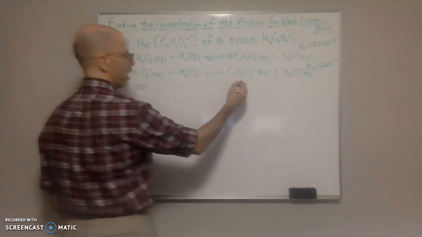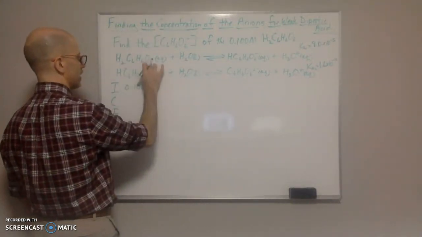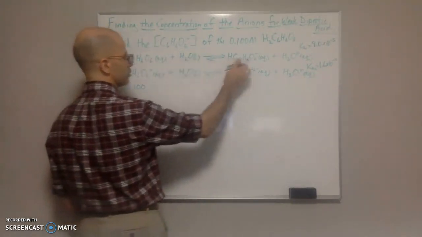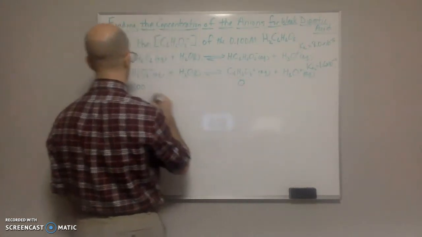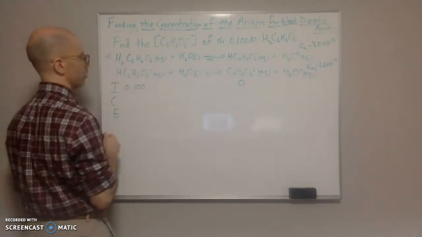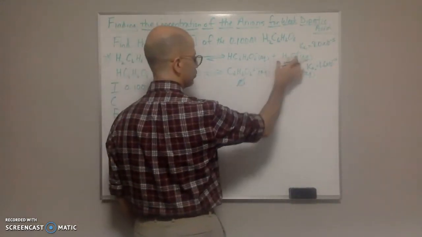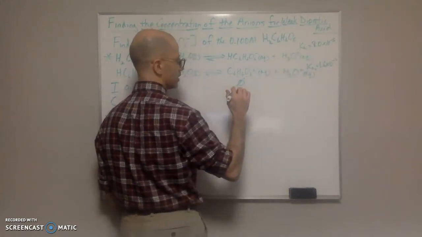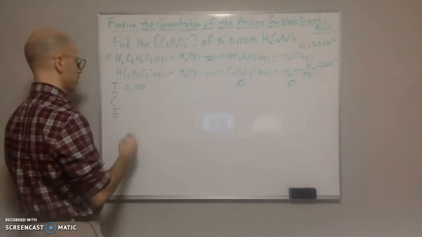And then we're looking at this here. So that's the concentration of this, and then the concentration of this is going to be 0 to begin with. So right now we're looking at this equation here. And our concentration of H3O plus is negligible, so we're going to say 0 there.